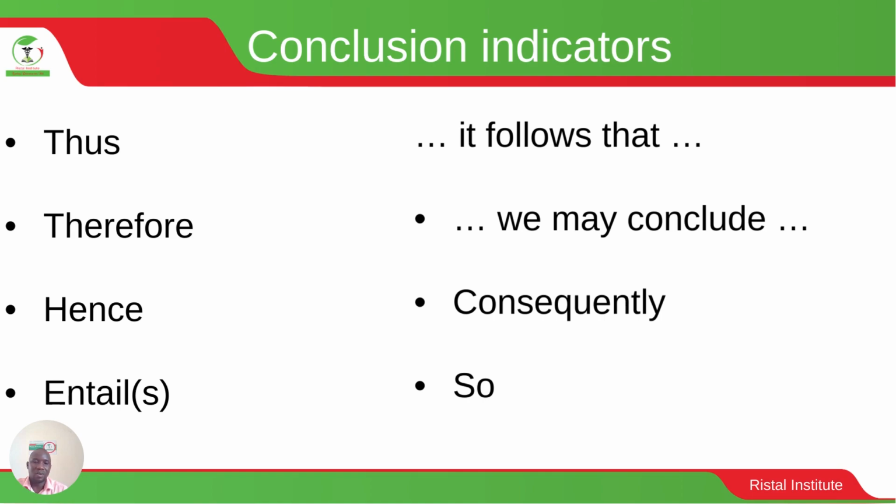Conclusion indicators include things like, if you read an essay, thus, therefore, hence, it follows that, we may conclude, consequently. These are indicators of a conclusion that is usually going to follow.